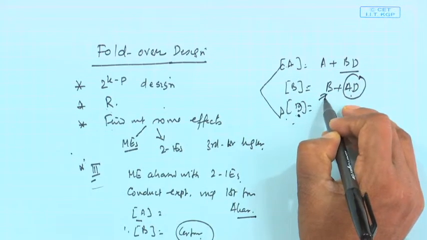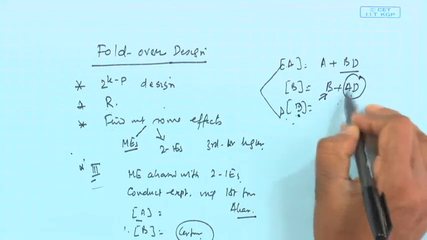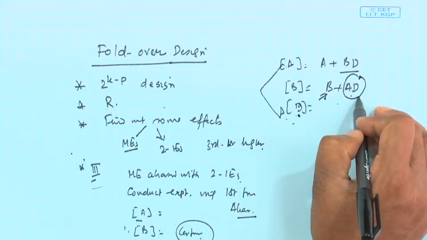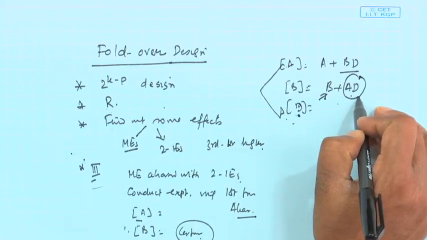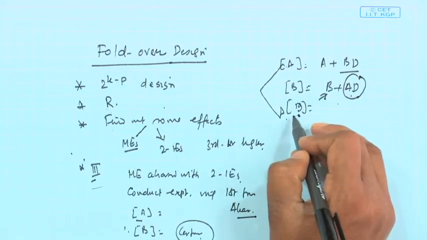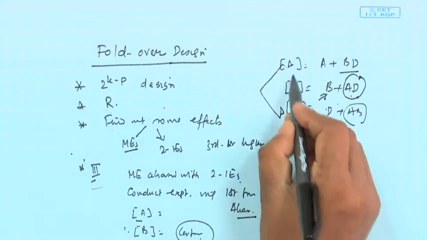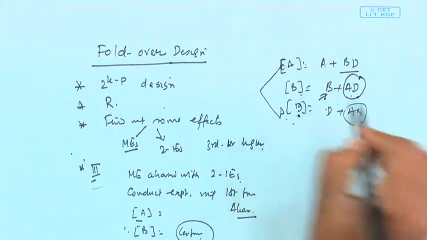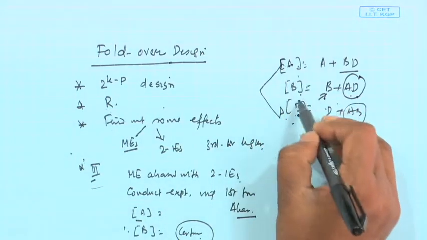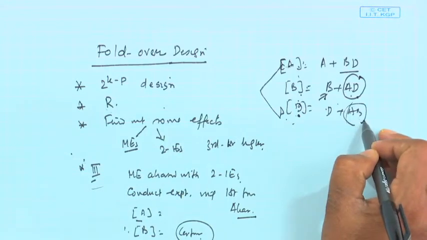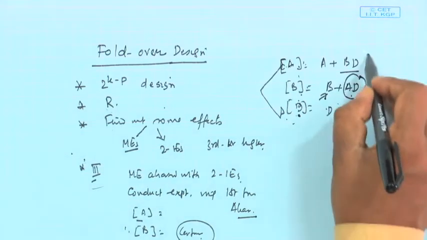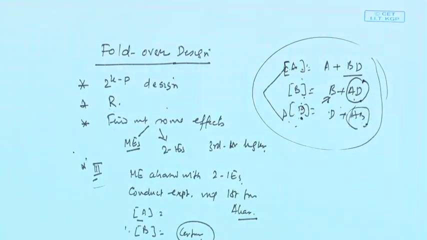So, then the question is whether B is large or AD is large. And third one, if you go for D, in the D case, that D plus AB is there. As A and B with alias is large, we do not know whether A is large, B is large or AB interaction is also large. So, that is the interaction structure you are getting.